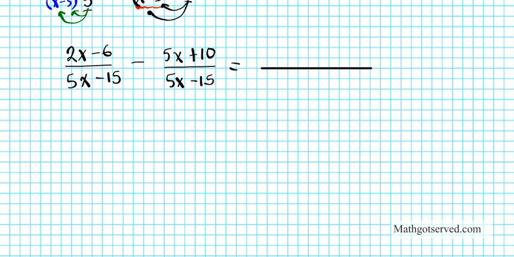So combine them into 5x minus 15. And then the numerator will have 2x minus 6. Now this minus will be distributed to this 5x and to this positive 10. Always distribute the sign. So minus times 5x becomes negative 5x. And negative times positive 10 becomes negative 10. Anytime you have a minus, be sure to distribute because it changes the sign of both terms.